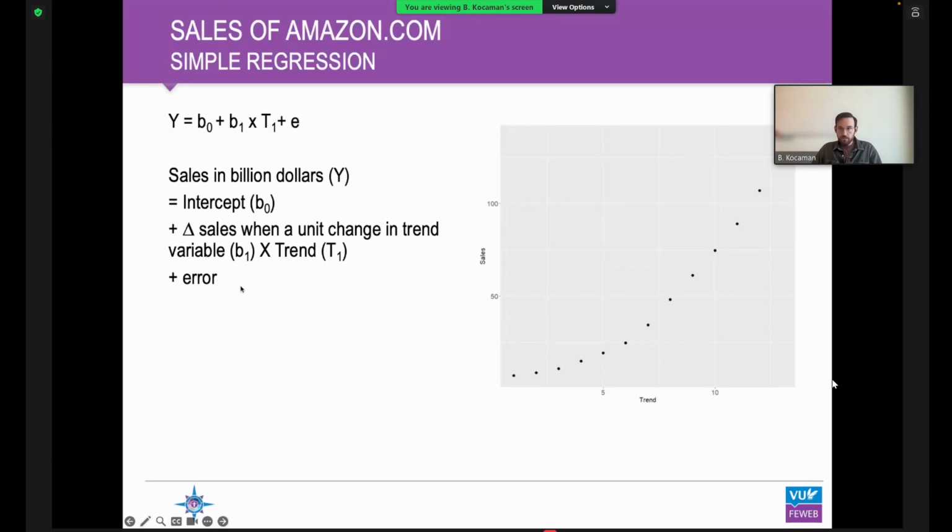And if you remember, a 1 unit change in the trend variable is actually a year increase in time. So when we look at the relationship between sales and trend, we see that there's an increasing relationship indeed, but this is also not exactly linear. But just for the sake of it, let's fit a linear model to this data.